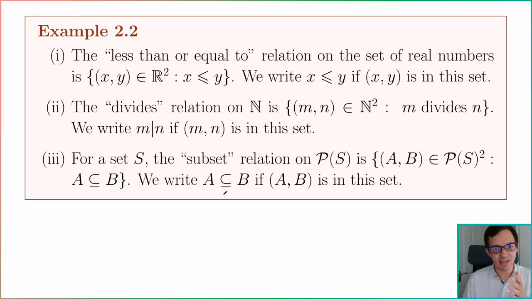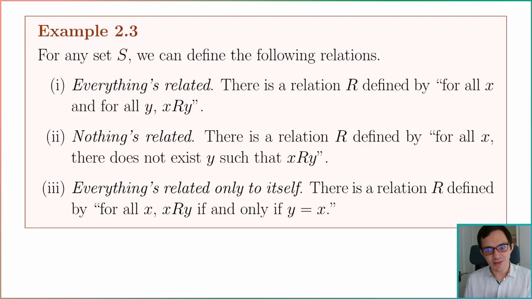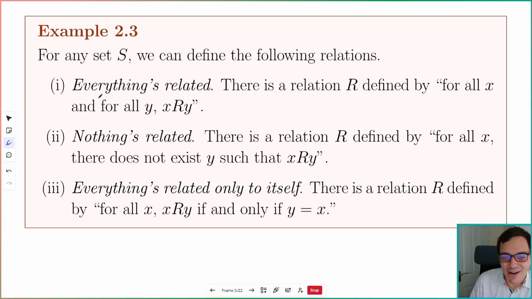These are not really interesting in their own right, but it's useful to have some examples like this if you're looking for relations that do or do not have a particular property. Sorry, relations, not relationships. If you're looking for relationships, I can't help you. Right, so part one, I've got a relation where everything is related. Some people draw these with arrows if things are related.